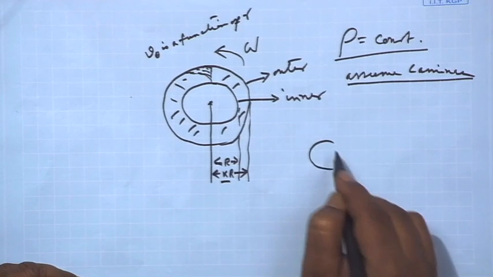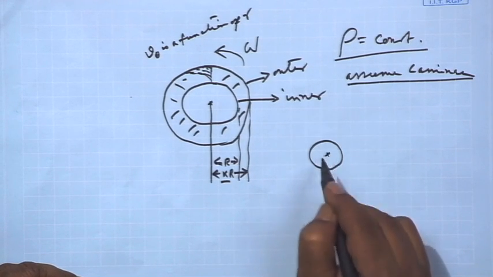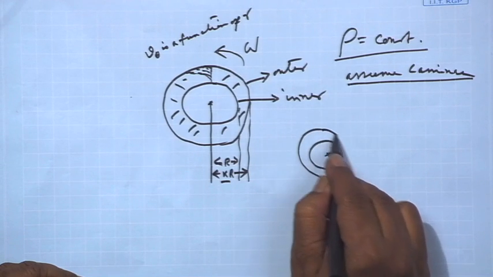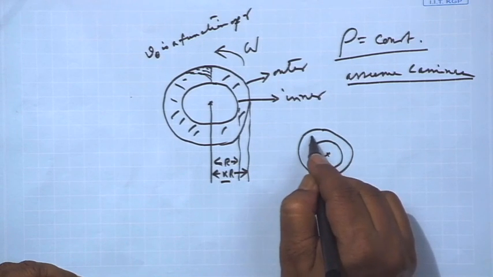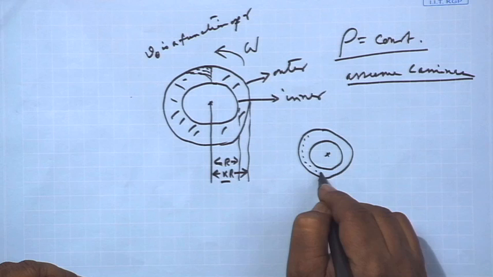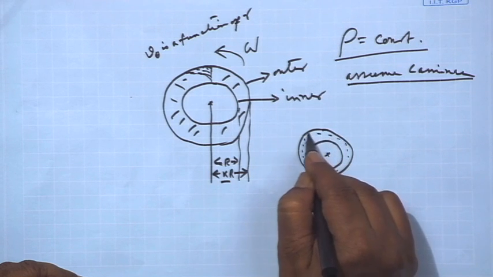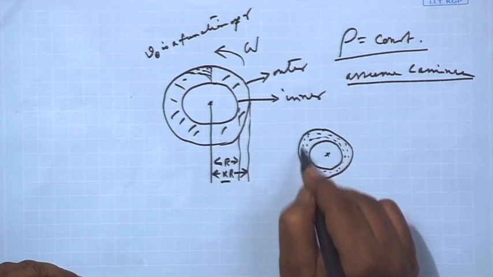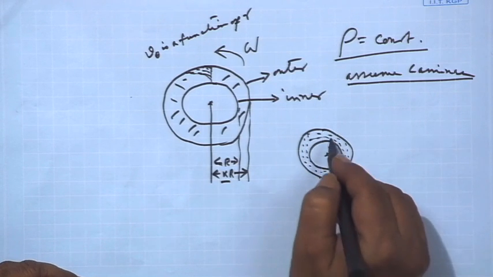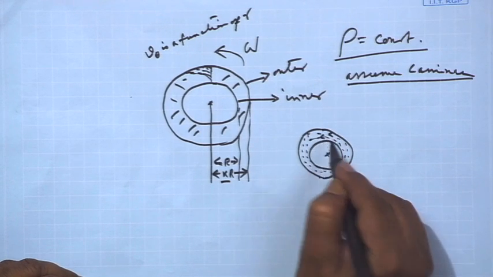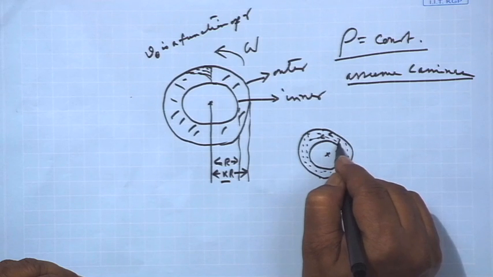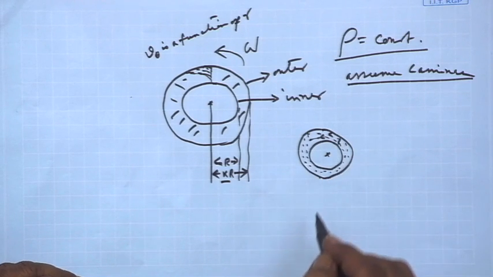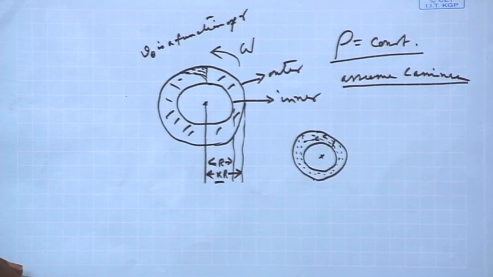If we again look into this, this is the inner and this is the outer. The layers which are like this, these are the liquid layers. When they are moving like this, there is no interaction between the layers. That is why we assume it to be laminar.